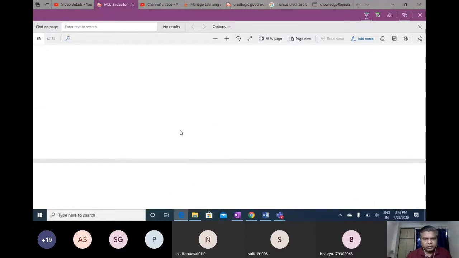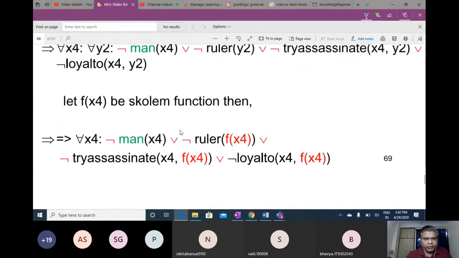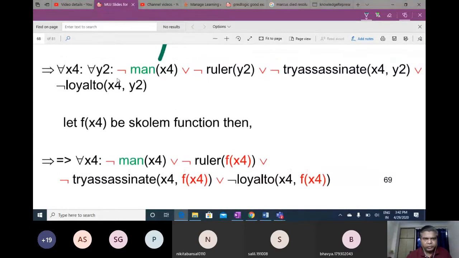So here they are trying to eliminate x4 and y2, but the question is, should we eliminate them as it is or should we do some replacement?